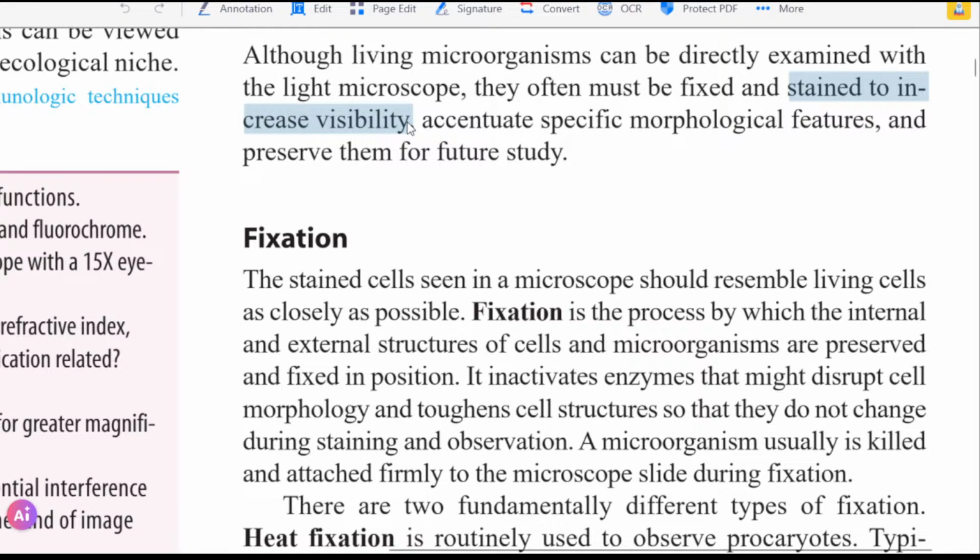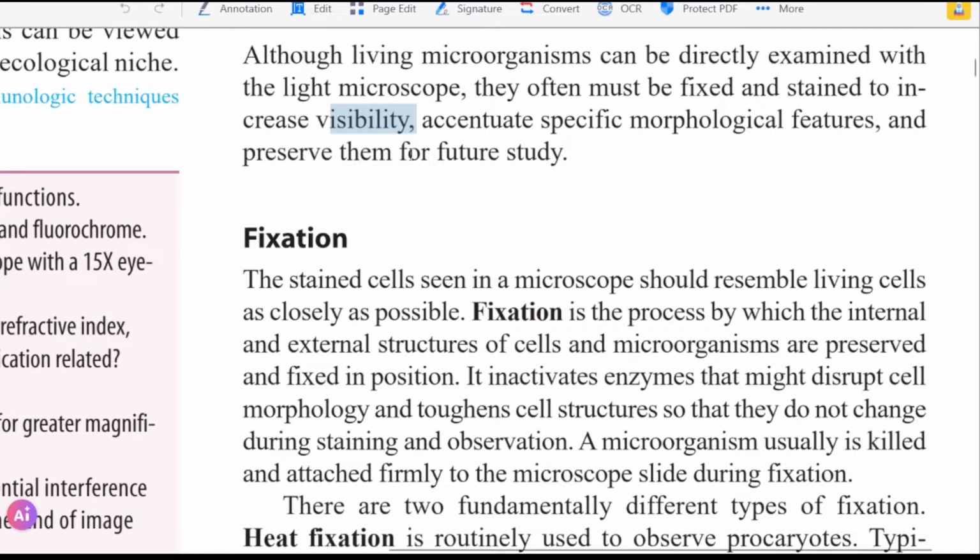Some microorganisms don't have much color at all, and they are mostly invisible. So it's not just increasing visibility, but also making some features show more prominently and some less prominently, so you know what type of organelle you stained, and your focus is only on that organelle and not on the other organelles.